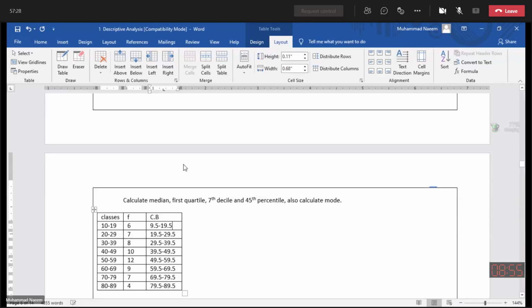And also calculate cumulative frequency. First, as it is, add 7.